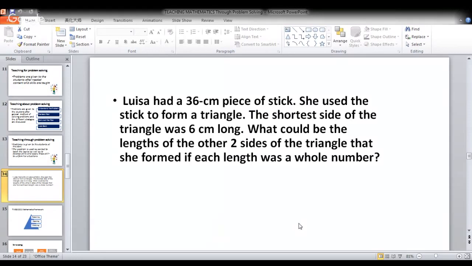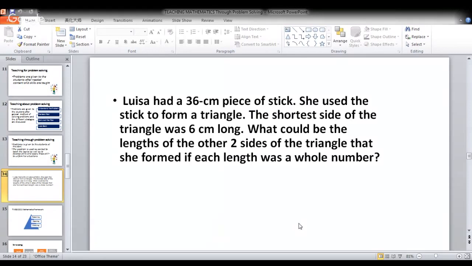But here, this problem was used before teaching the triangle inequality theorem. So this problem is being used to teach the triangle inequality theorem. Okay? So yung problem, hinihila siya dun sa motivation na part.